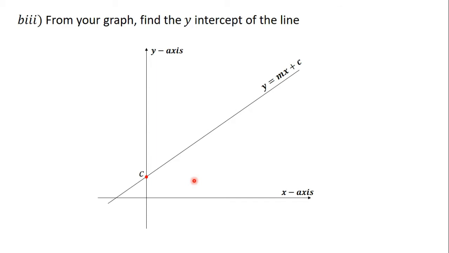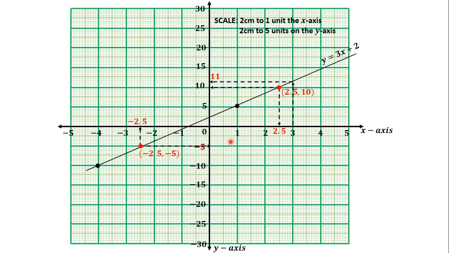Let's do this on our graph sheet. On this graph sheet, we have already plotted the points -4, -10 and 1, 5 to draw the straight line. We used the points -2.5, -5 and 2.5, 10 to find the gradient of the straight line. Then in the previous video, we found the value of y when x is equal to 3.